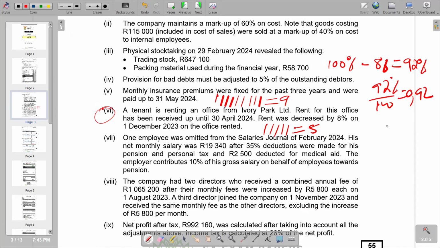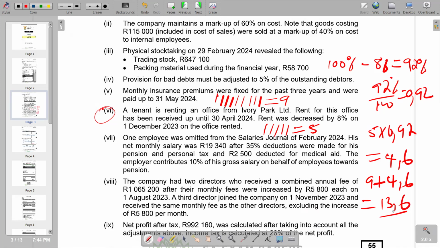So we are saying 5 times 0.92, and then we get 4.6. So 4.6 was after the decrease. And before the decrease, we have got 9. It was 100%. So to get the total for the 14 months, including March and April, we say 9 plus 4.6, and then you get 13.6.